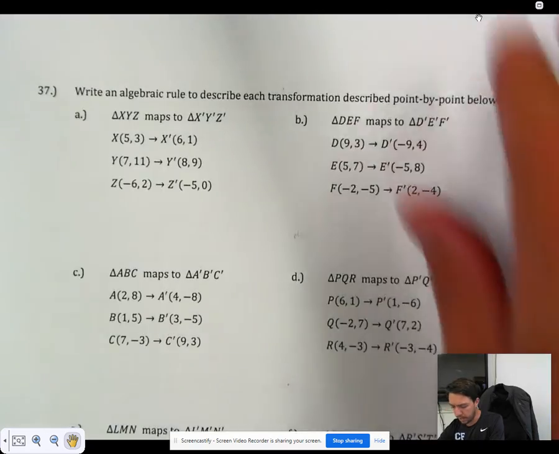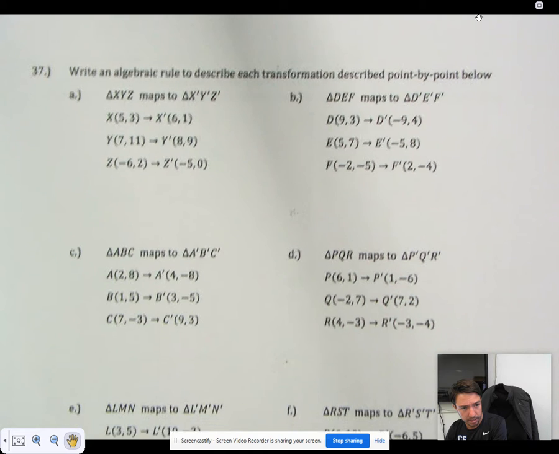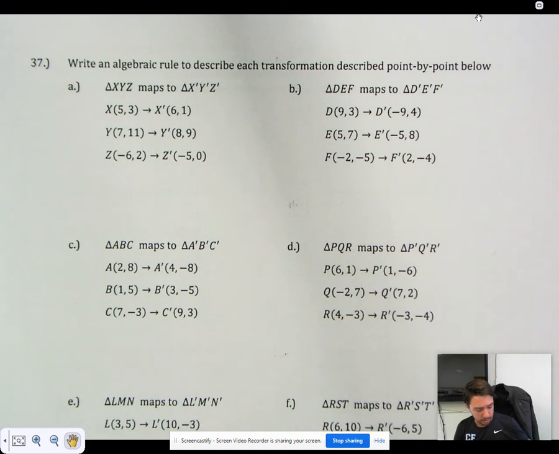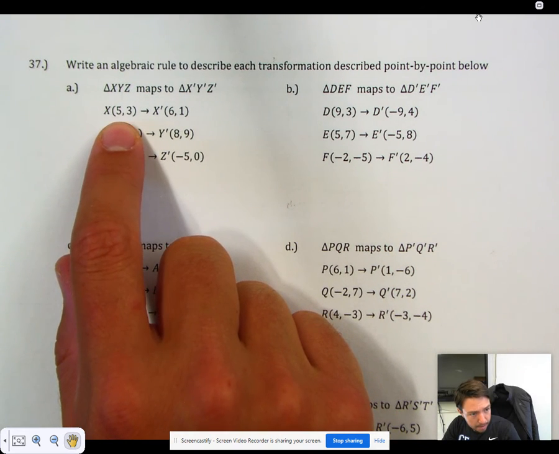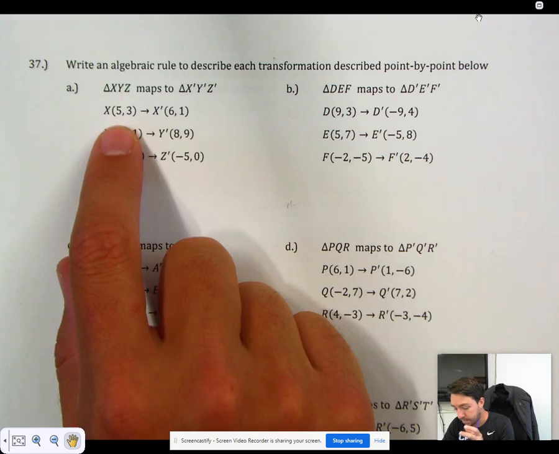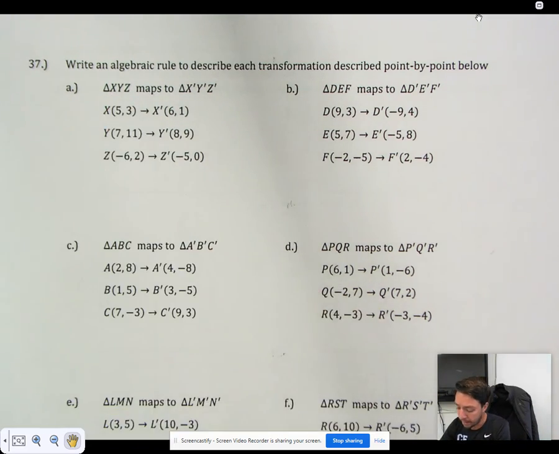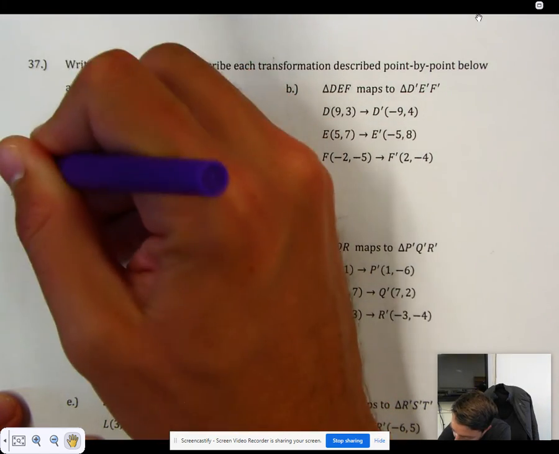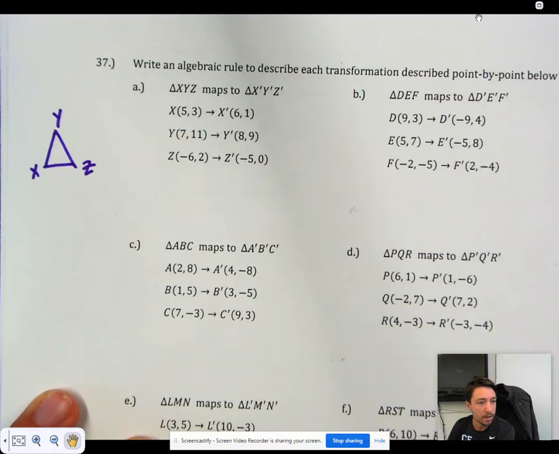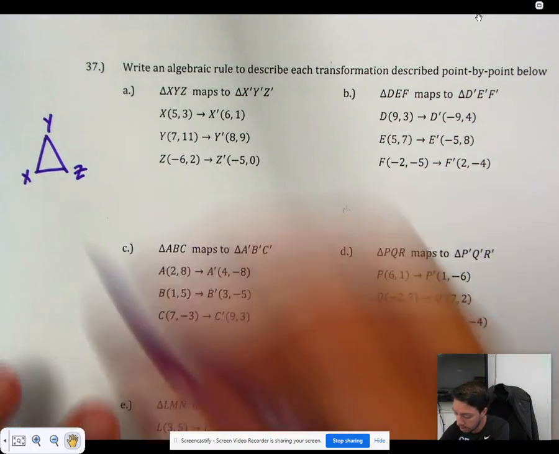The next page, we are trying to figure out what is the algebraic rule that describes each transformation. So this time we're being given that the point X mapped, let me reiterate here. This is saying there's some triangle out there named XYZ. So picture maybe on a coordinate plane XYZ, and it mapped over to another location.